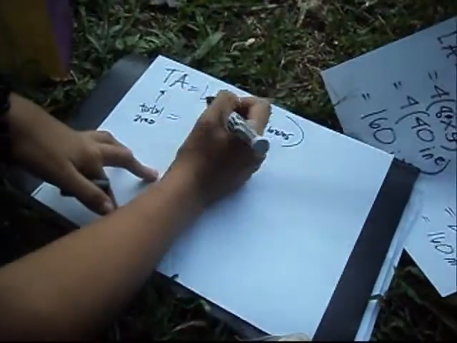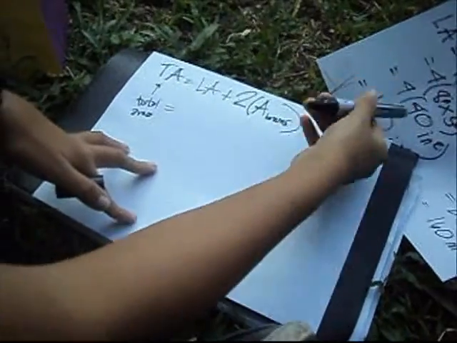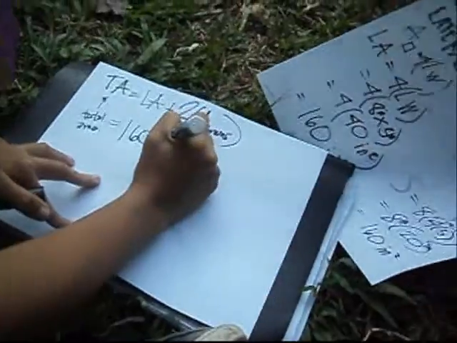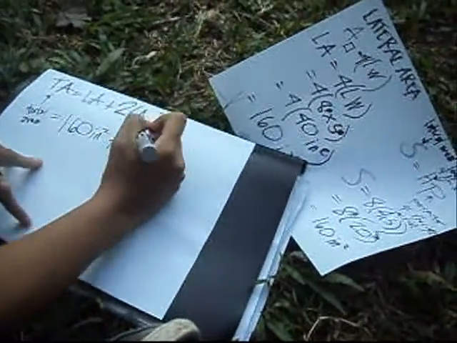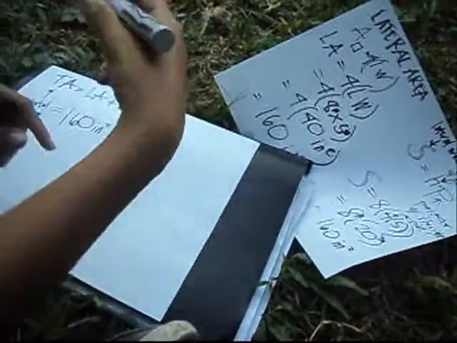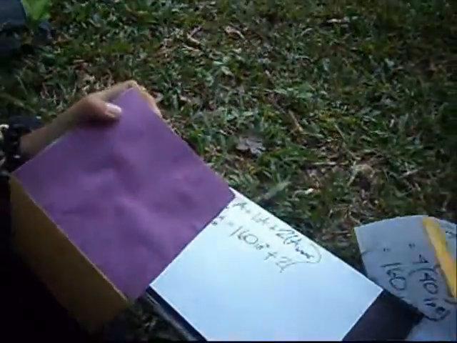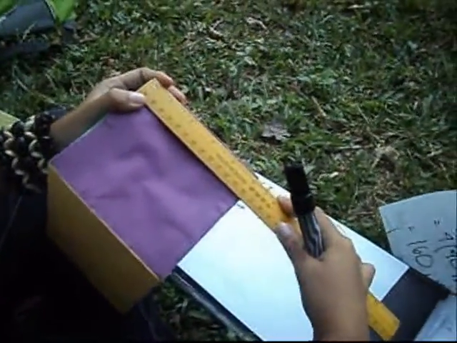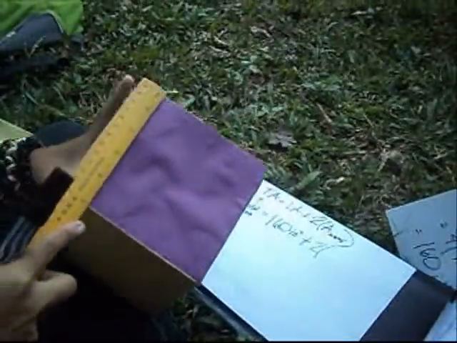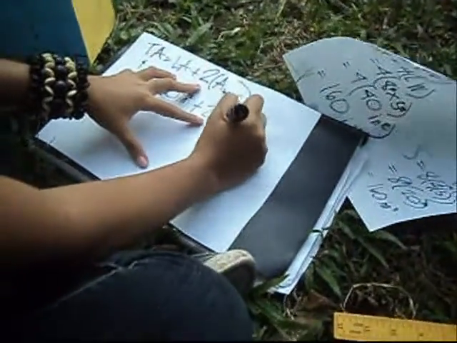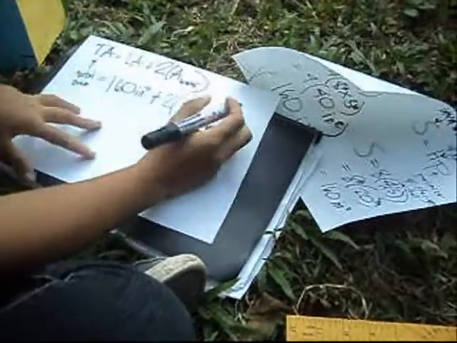Then, we will substitute the value of our lateral area, which is 160 inches squared, plus the area of the two bases. For us to find the area of the bases, since it is a square, we are to measure its sides, 5 inches, 5 inches, because the formula is S squared, or side squared. So 5 squared inches.